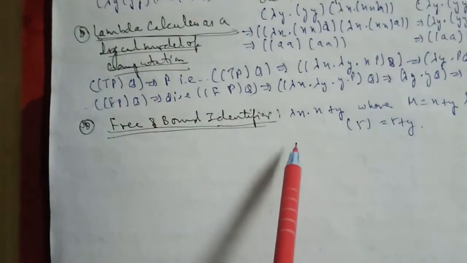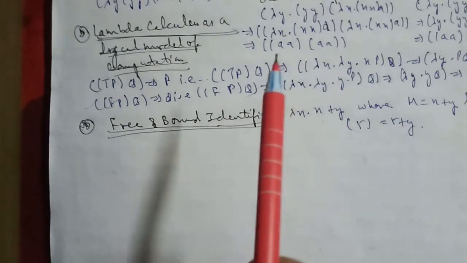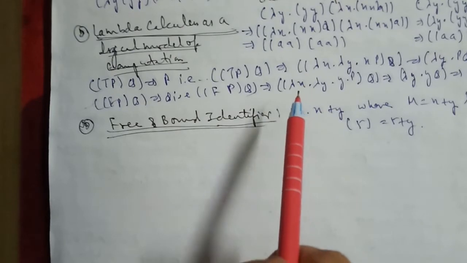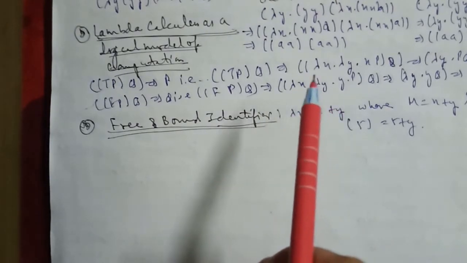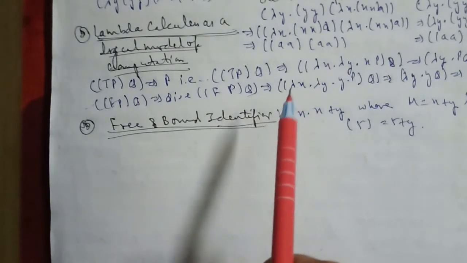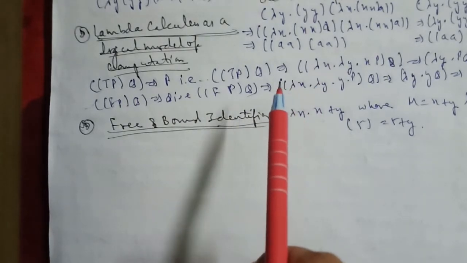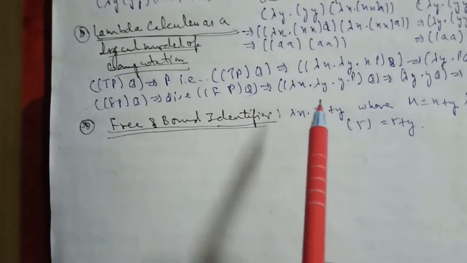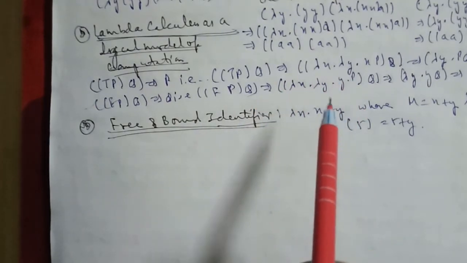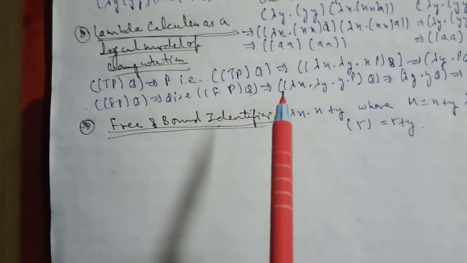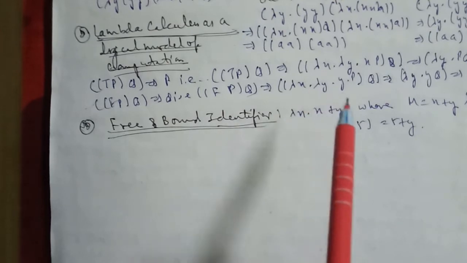X in the expression x plus y appears in the parameter, and there x is a bound identifier, and the reference y is free because it is not in the scope of any expression. Free identifiers are a problem in lambda calculus. A bound identifier in a scope is a local entity, while a free identifier is a global entity provided by the outer scope in which the first scope is embedded.